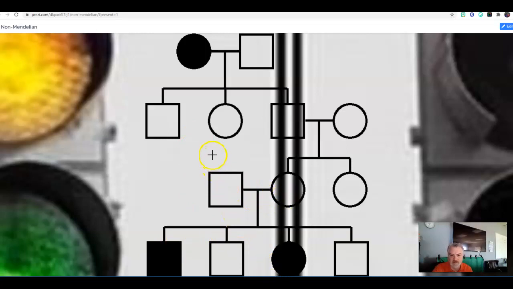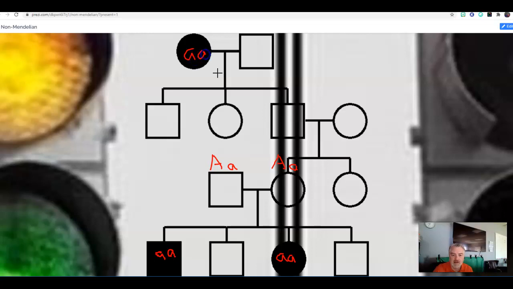That tells me that both these parents have to be big A, little a. Both of these here are big A, little a. And any of these individuals that are shaded in have to be little a, little a. Okay, sorry, I'm trying to do this with my mouse. And we can go up here and look at this individual as little a, little a.